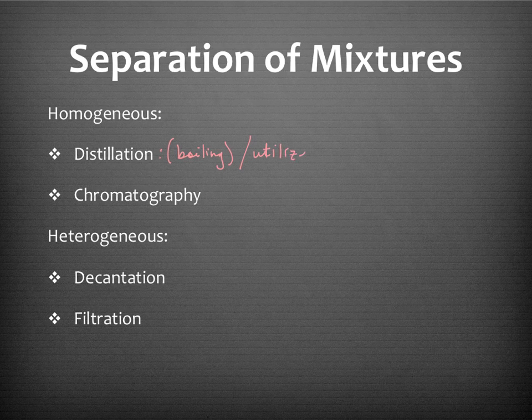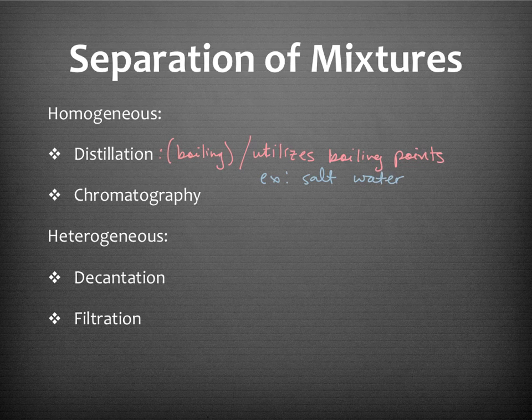So for example, if you want to separate salt from the water, then you've got to boil it to separate the salt from the water. It uses the boiling point of water. It boils the water, lets it evaporate, and all you're left with is the salt. So an example could be salt water.